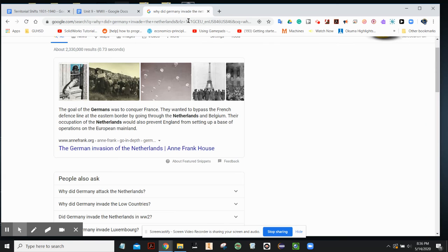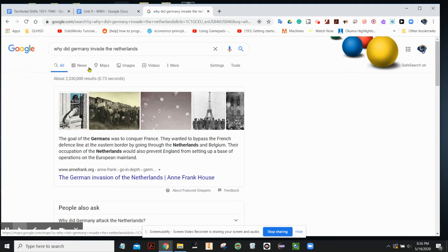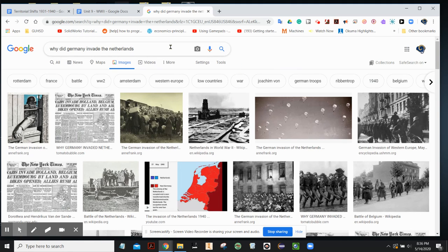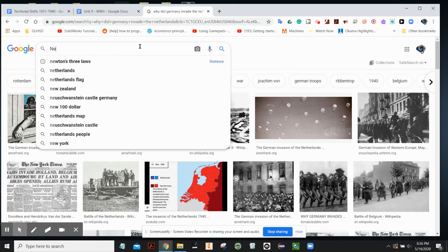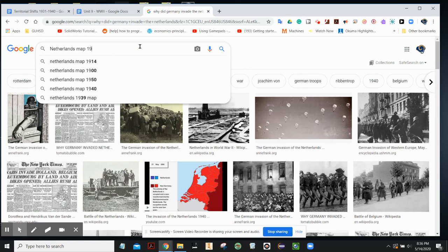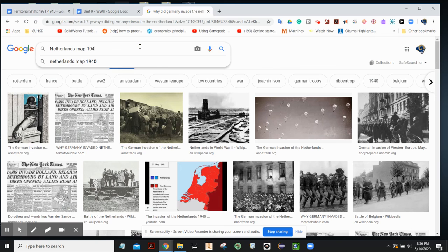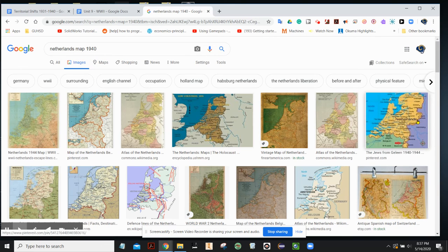And now let's just go get a map of the Netherlands. That's a good one.